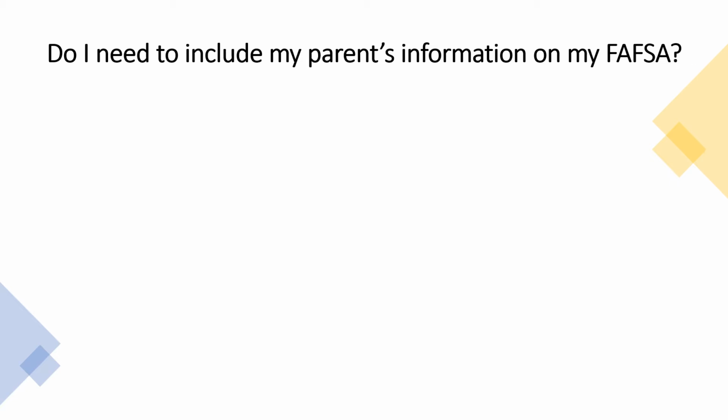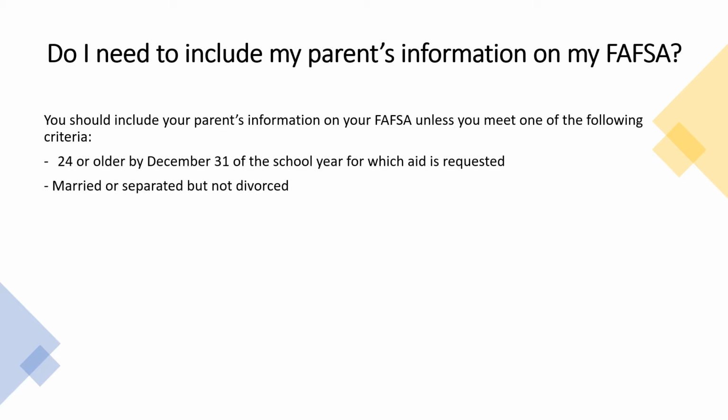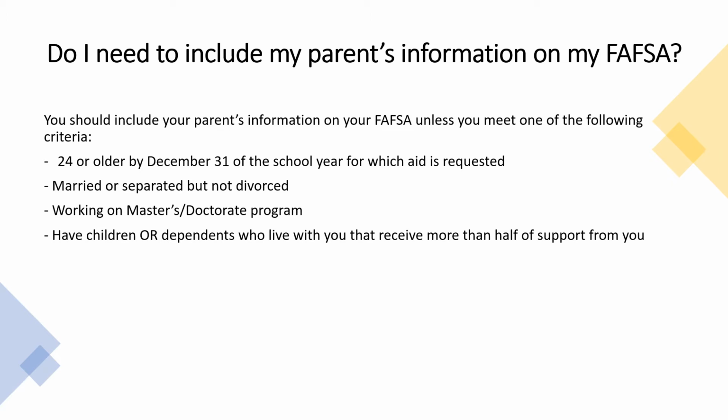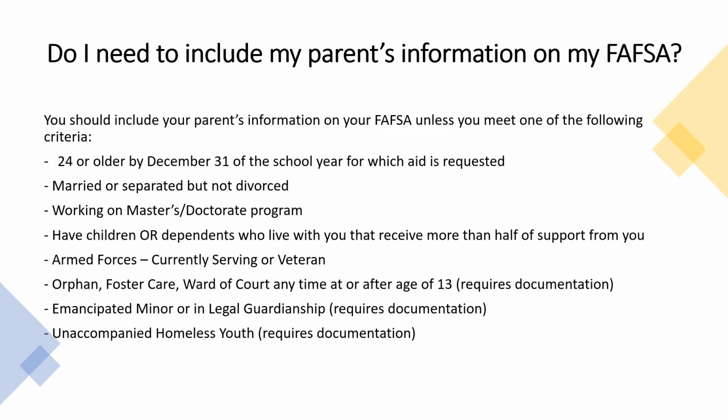Students are required to put parent information on their FAFSA unless they are 24 or older, married, working on a master's or a doctorate program, have a child, are active duty military or a veteran of active duty, or an orphan, in foster care, or a ward of the court at any time at or after the age of 13, an emancipated minor or in legal guardianship, or if they are an unaccompanied homeless youth, which also requires documentation.